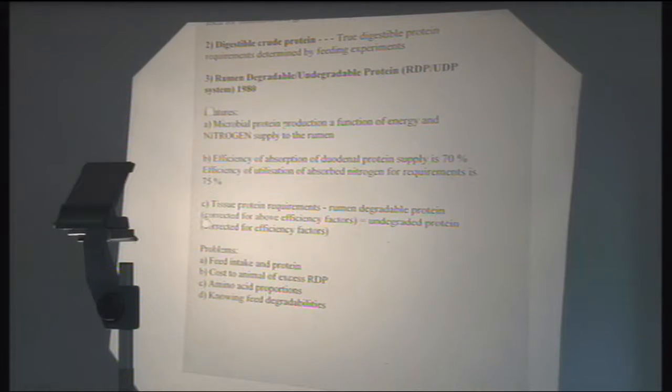We'll put it in a Dacron bag, insert it into the rumen, and then see how much is left after a certain period of time. And there's a lot of inaccuracies to that. The food isn't able to move around the rumen as it normally would, and the rumen functions quite differently at the top, where there's a raft of grass material, compared with the bottom. So pretty inaccurate. So knowing the feed degradability is a real problem.